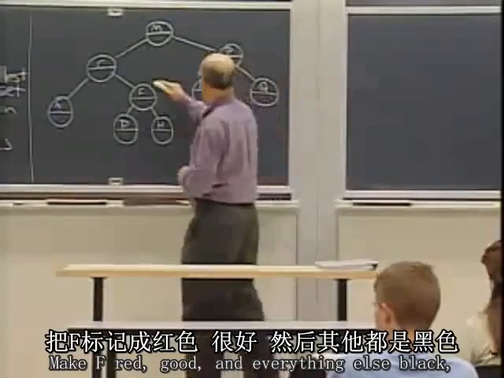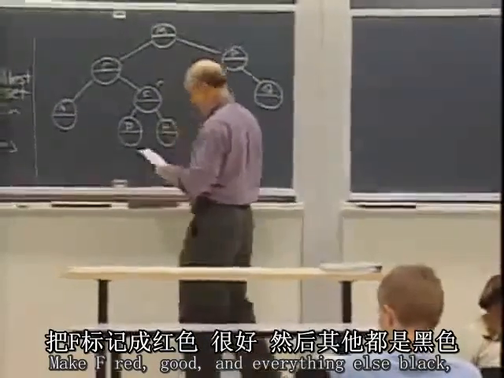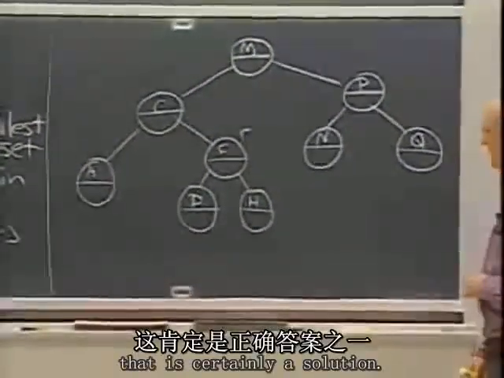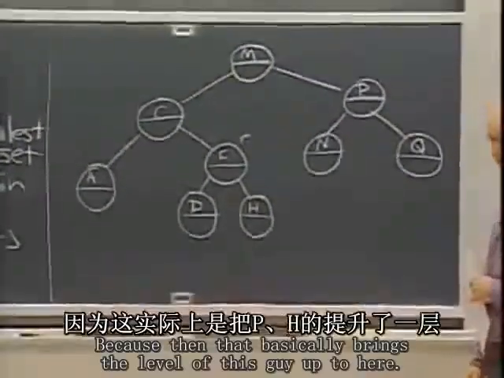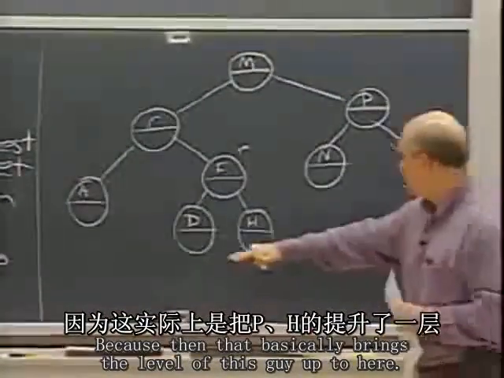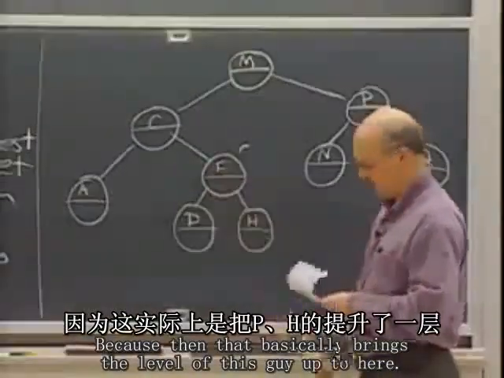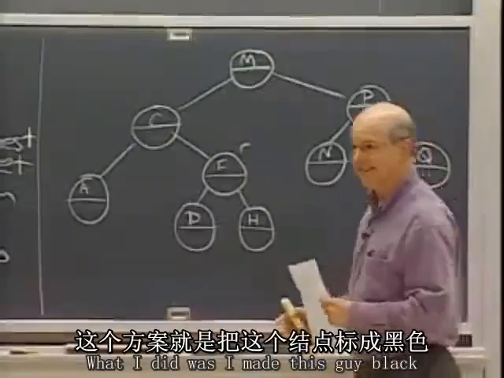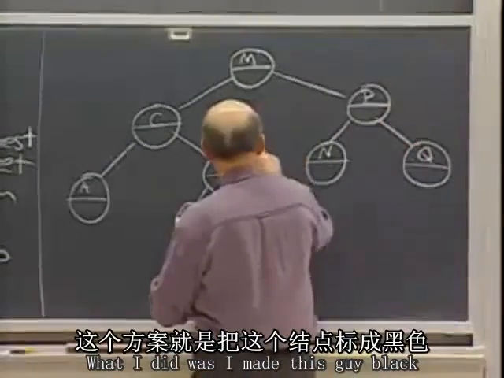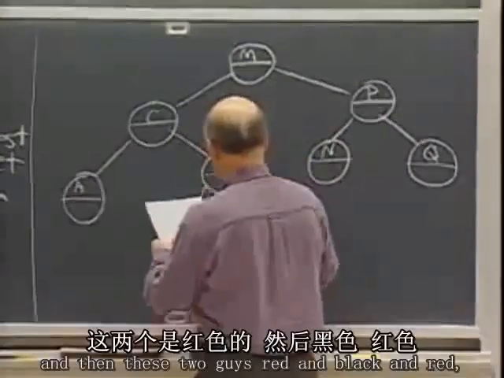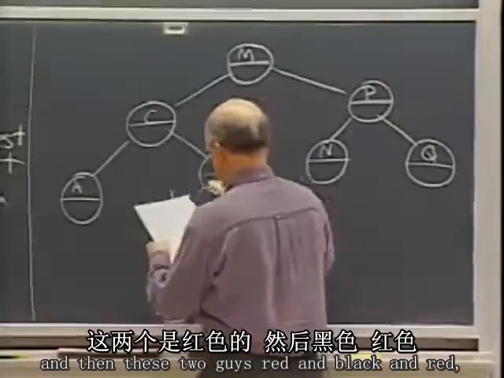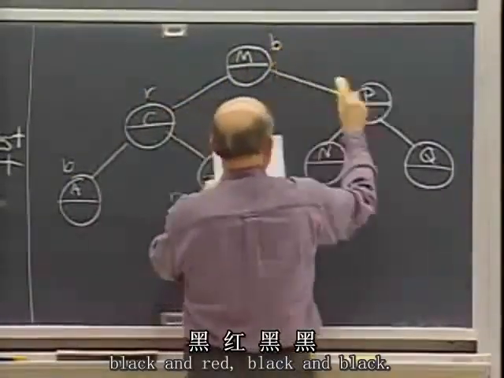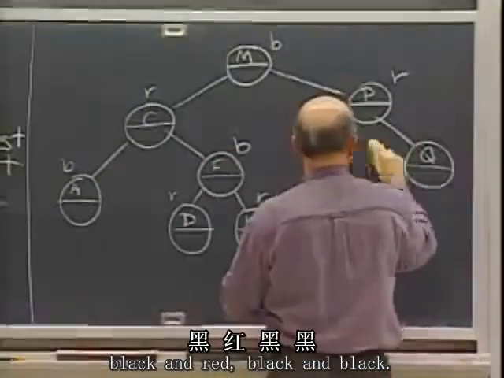Make F red. Good. And then everything else black. That's certainly a solution. Because then that basically brings the level of this guy up to here. Actually, I had a more complicated one because it seemed like more fun. What I did was I made this guy black, and then these two guys red and black, and red and black, and red and black and black.